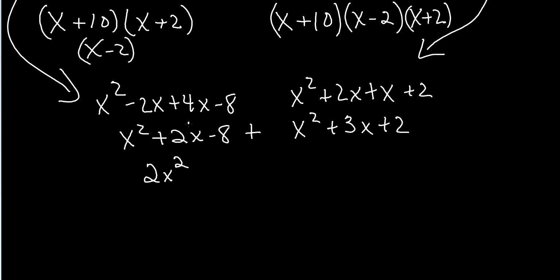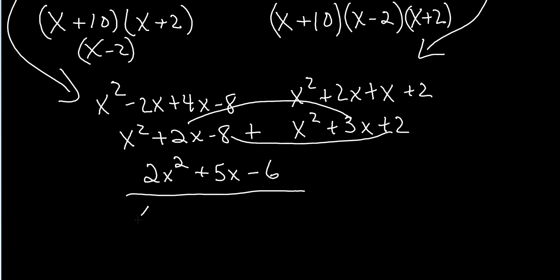I've got this 2x here with a 3x. That's going to be plus 5x. And then negative 8 plus 2 is negative 6. And that's all going to be over x plus 2 and x minus 2.